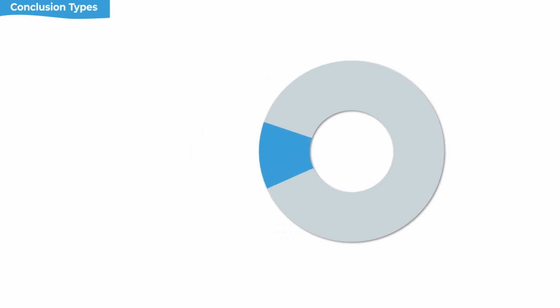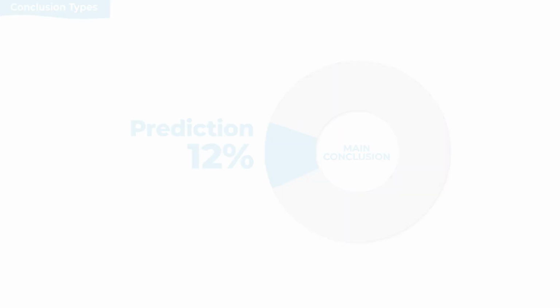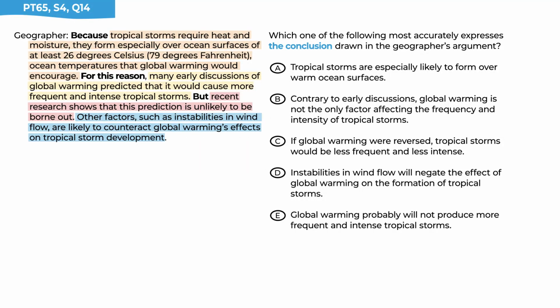And predictions are something we use regularly to help us find conclusions on main point questions, as well as on other kinds of arguments as well. 12% of main conclusion questions use a prediction in the conclusion, or you can use the idea that the statement is a prediction to help you identify it as the conclusion. Finally, the last sentence is support for the author's conclusion. So we've got an opposing support, followed by an opposing point, followed by a main conclusion, followed by a premise.